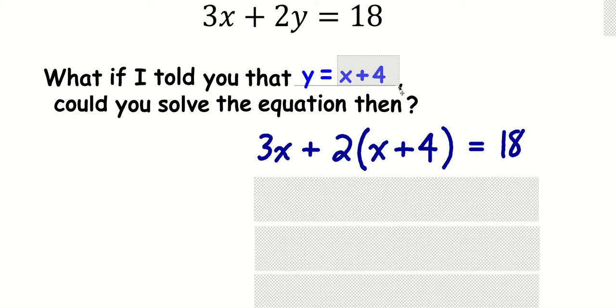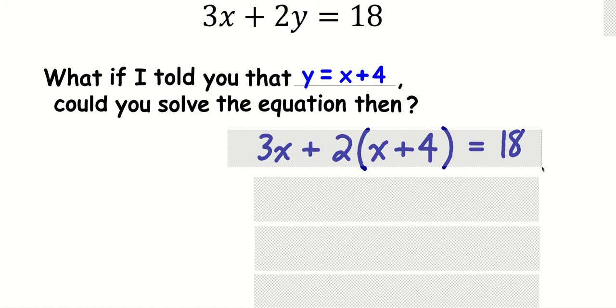And all of this equals y, not just the x. The entire x plus 4 is y. So we have to make sure we're multiplying the entire x plus 4 by 2, which means we need to include parentheses. Anyway, getting back on track.